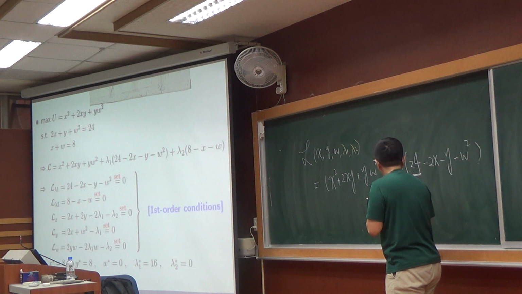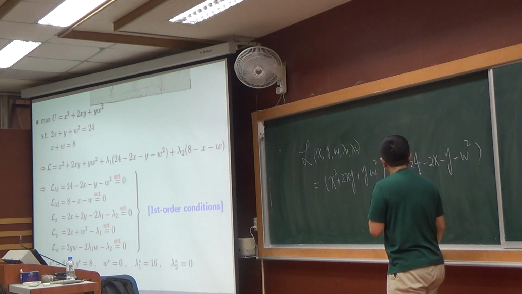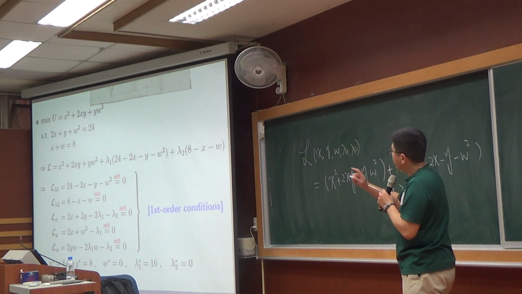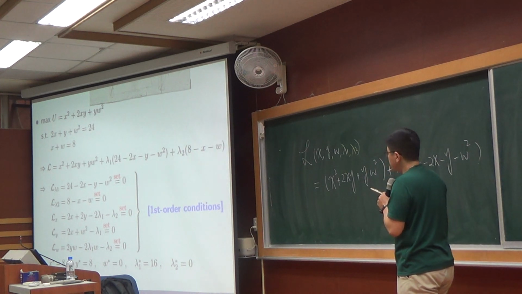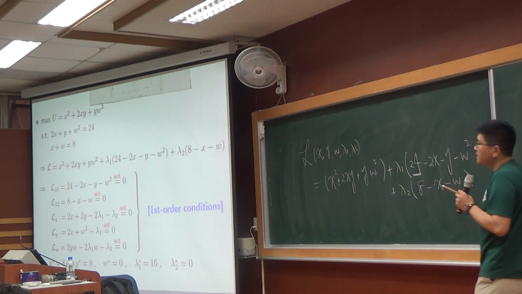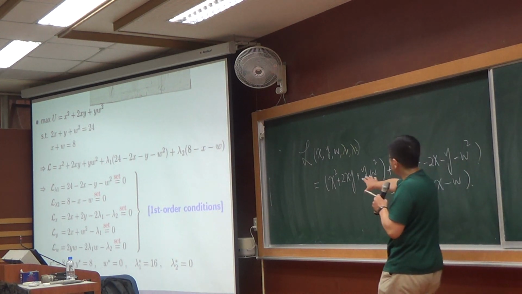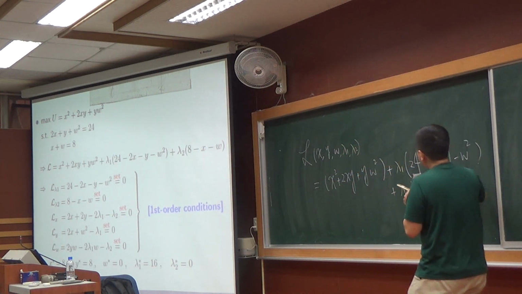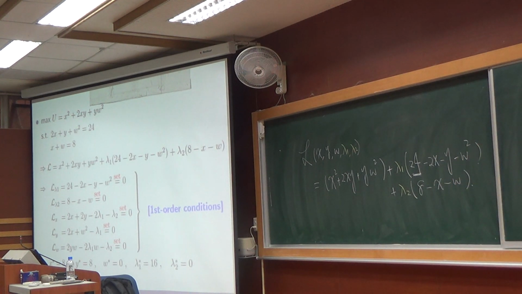Plus lambda 2, and we put 8 in the first place, minus x minus w. So this is the whole Lagrangian function.